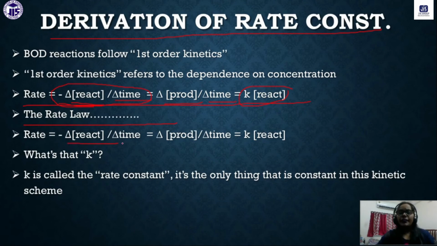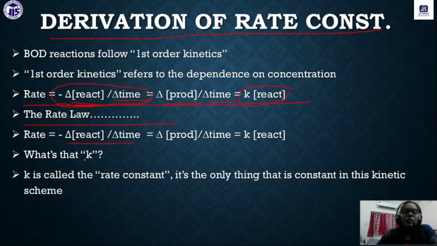So the rate of a reaction is generally defined as the amount of reactant decomposed per unit time, or the formation of product per unit time. That is the rate of the reaction. Understand?